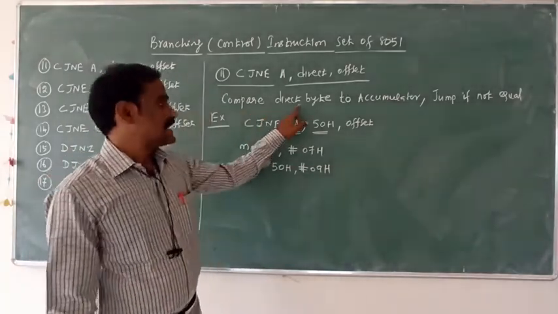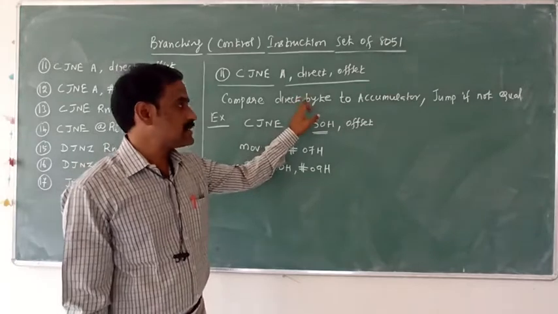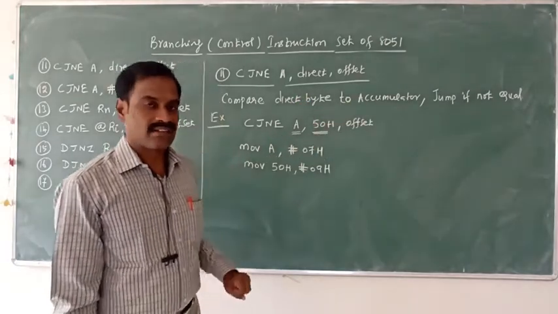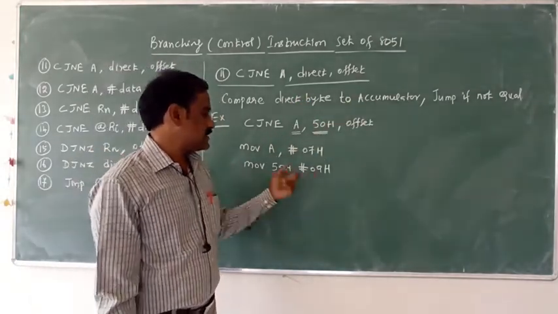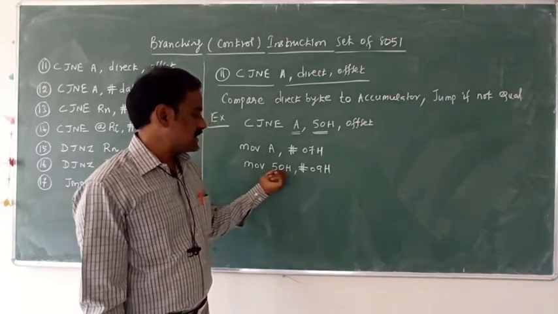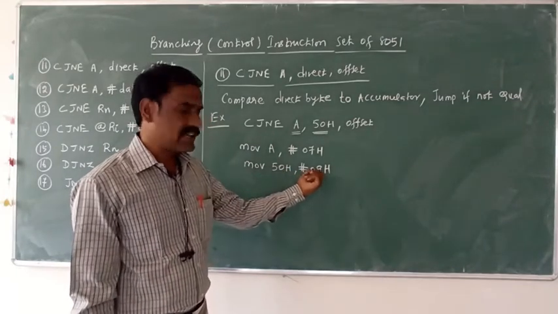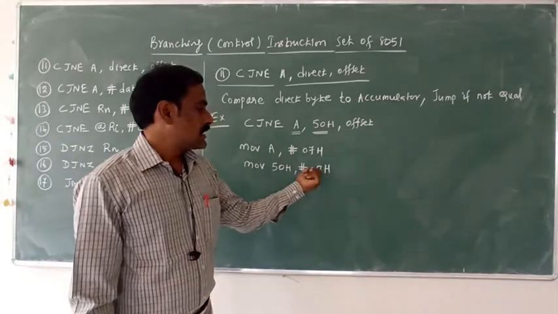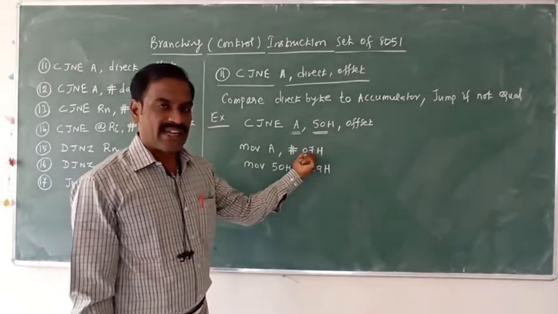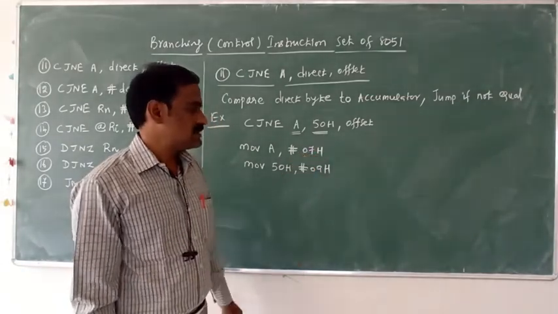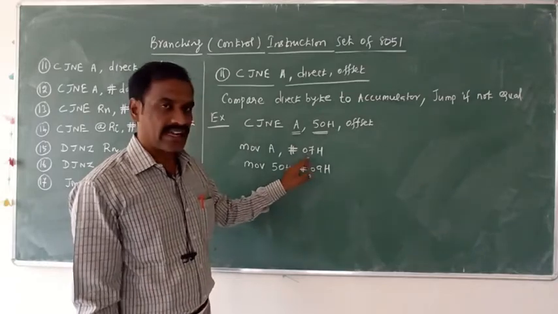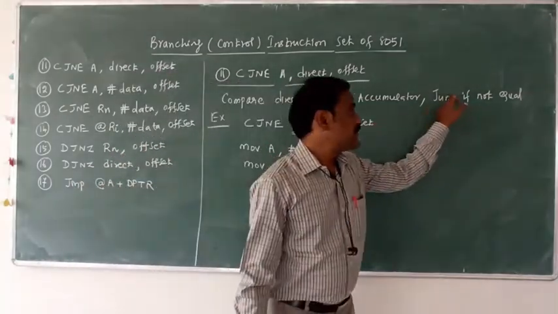Compare direct byte to accumulator. Direct byte means the given 8-bit memory address location data, 09, compared with the accumulator content, accumulator 07. Now to compare these two data, jump if not equal.